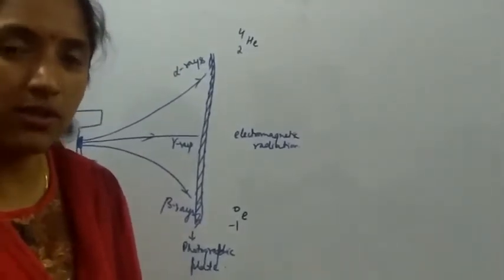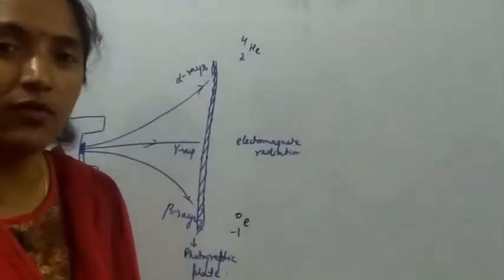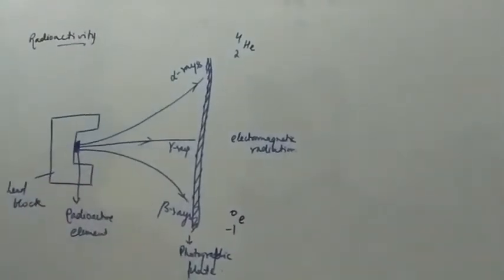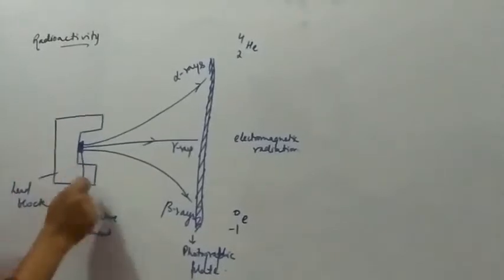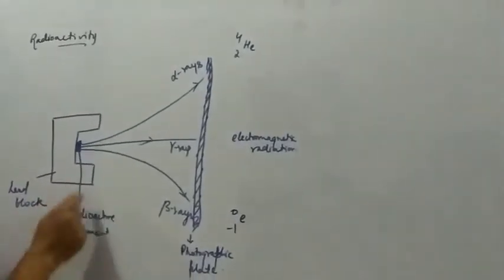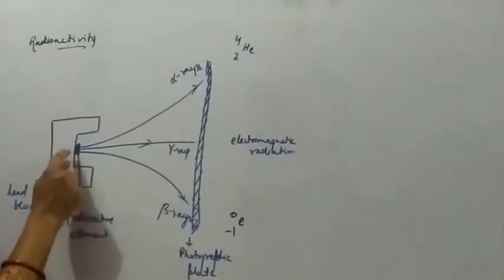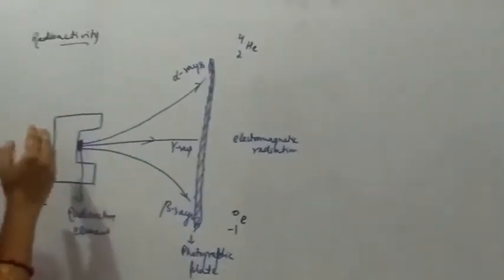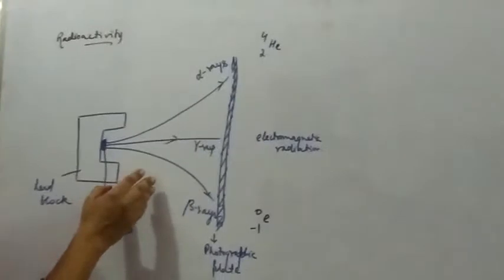Radiation is continuous or spontaneous emission of some kind of rays from the surface of the metal or element. So here you can see this is a lead block inside which we have placed a radioactive element, and it will have certain kinds of rays continuously emitting from it, right?